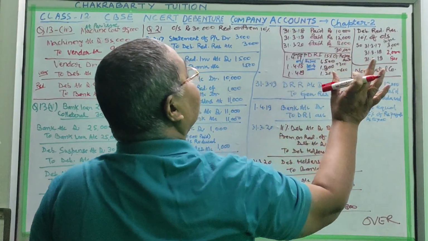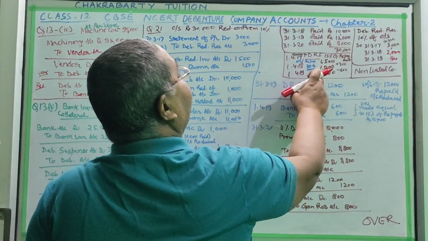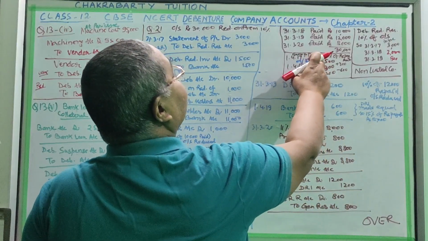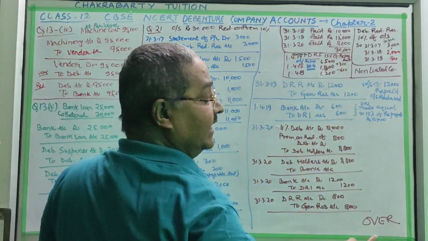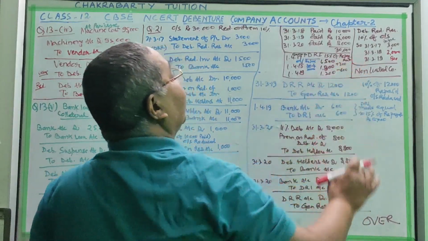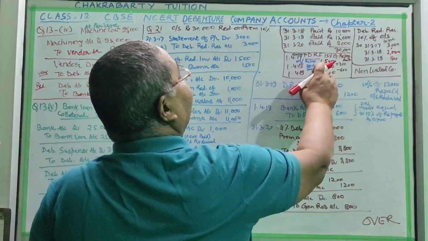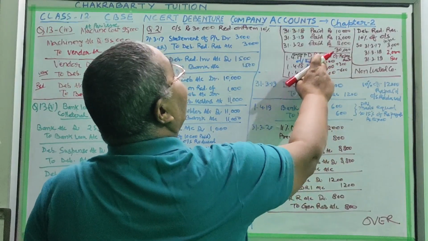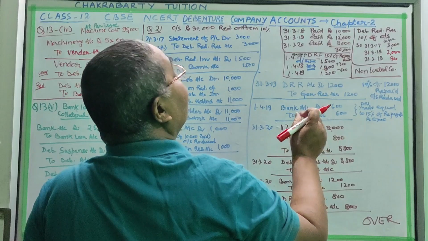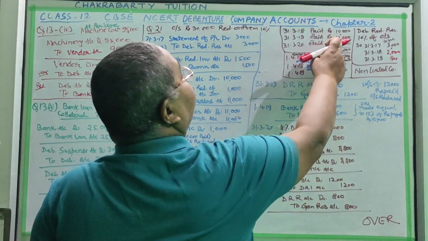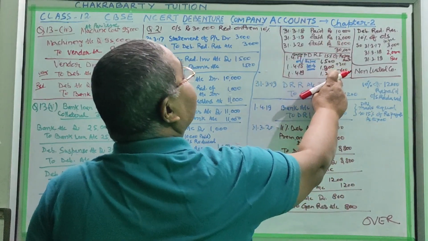Second year you have to pay 12,000. It means you require 1,800 rupees in the debenture redemption investment account. Here 1,500 was already there. Only 300 you have to increase. 1,500 plus 300 will become 1,800. Now in the next year your outstanding is 8,000, so you will require 15% of 8,000, which means 1,200 is required.